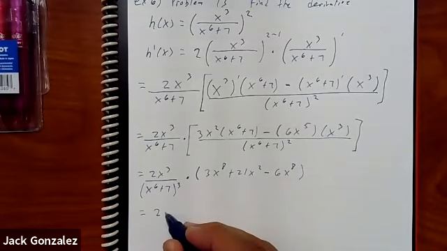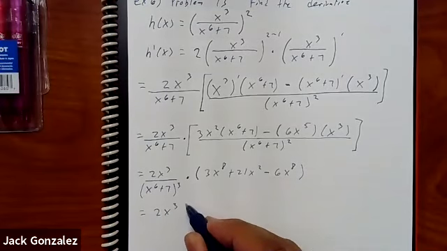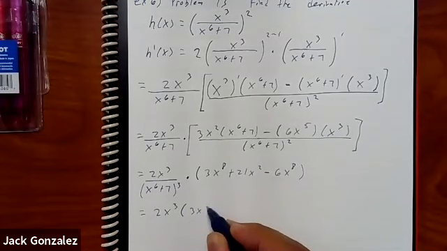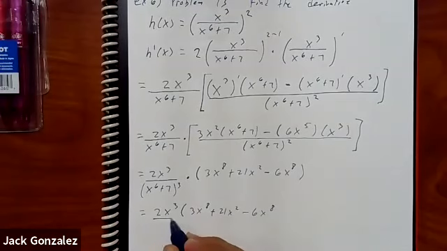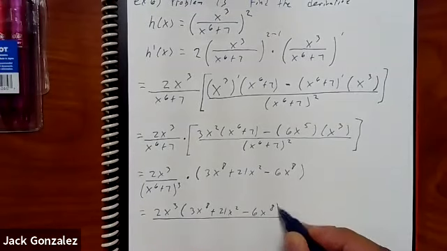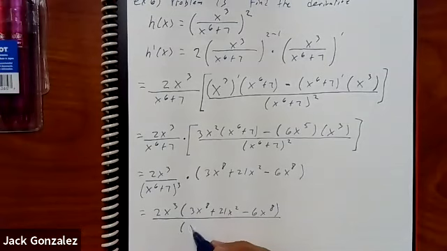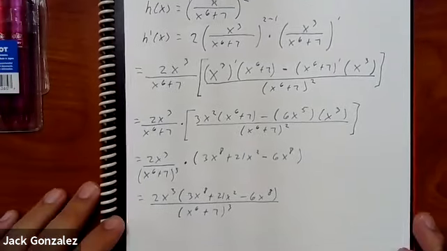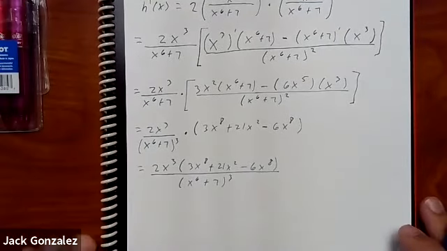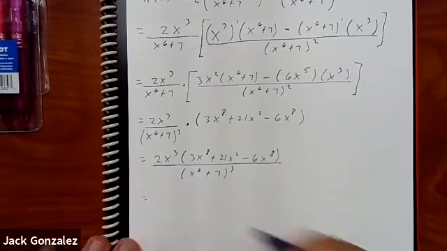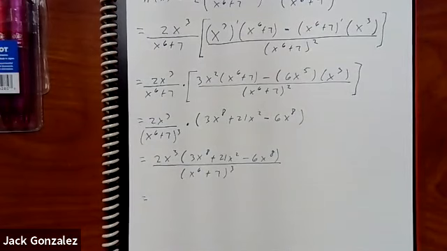Let me write that a little prettier. I just want to put this on the bottom. Doesn't really matter. It's an unnecessary step. But it looks prettier, right? No? I don't know. All right, so just distribute the 2x cubed and you're done.